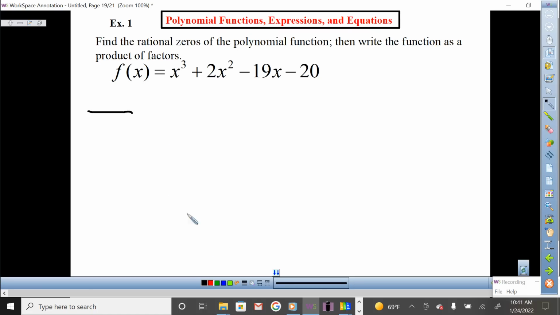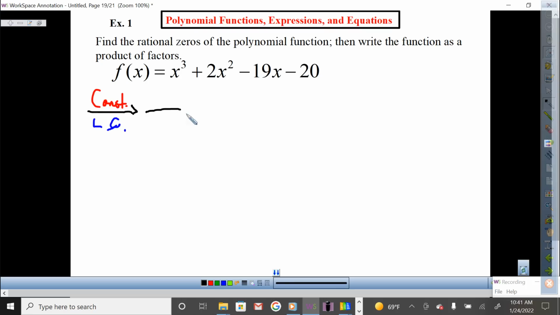I would write constant over LC, or leading coefficient, yes? Negative 20 over 1. Yes, negative 20 is right here. It's our constant. Leading coefficient is here, which is 1.